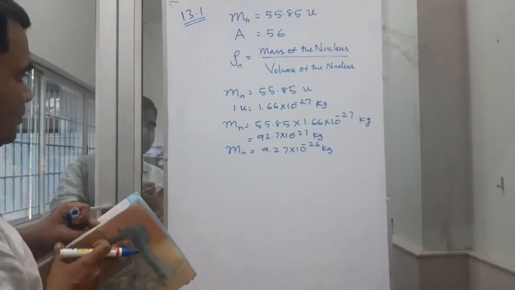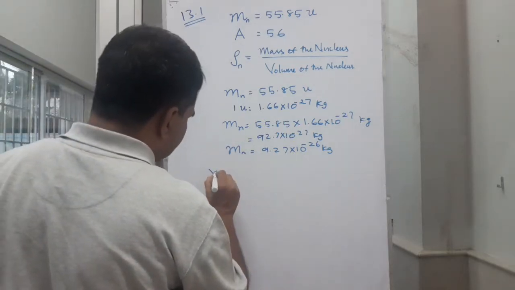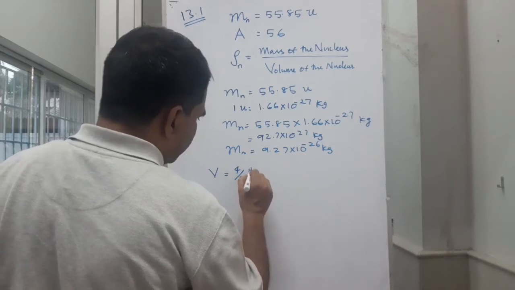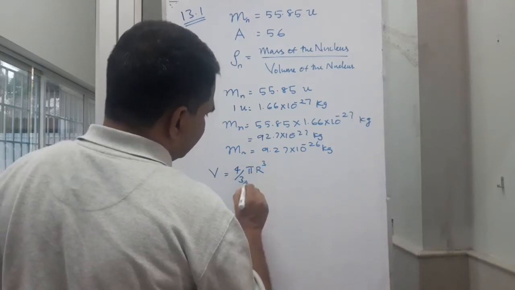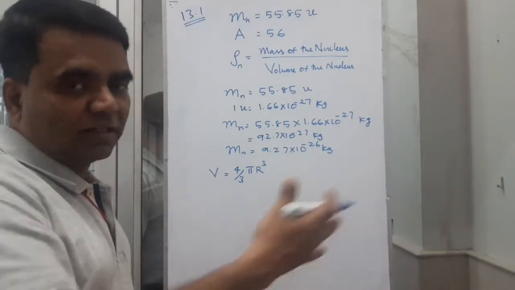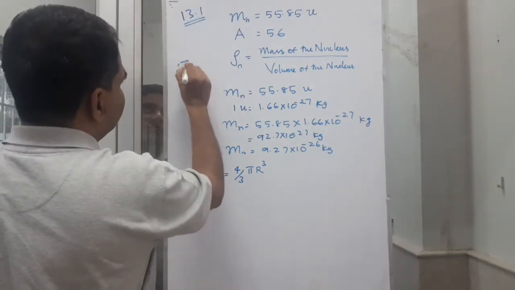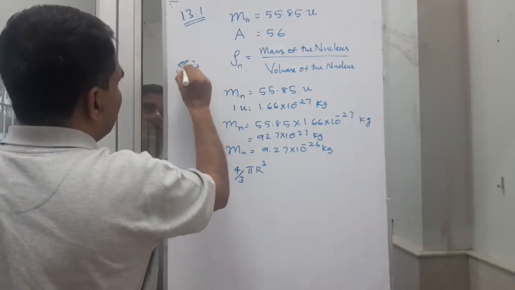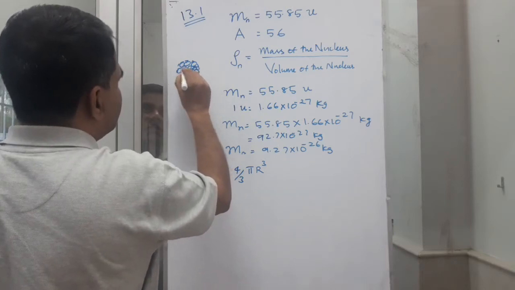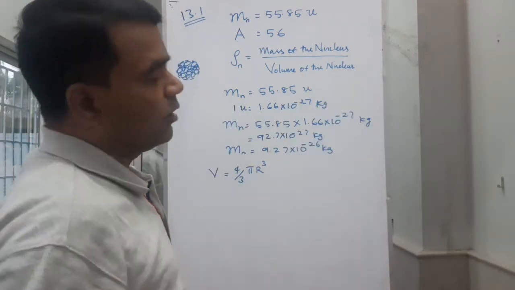So now I need to find the volume of the nucleus. Volume of the nucleus is equal to 4 by 3 pi r cube, where r is the radius of the nucleus. But what have we done in the previous video? We have found a relationship between the radius of a nucleus and the radius of an individual proton or neutron, assuming that they are approximately the same size.